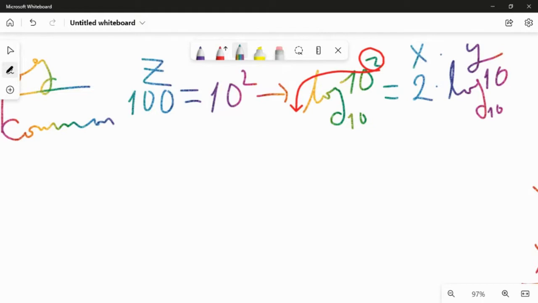And again, since log of 10 to base 10 is 1, think about it.